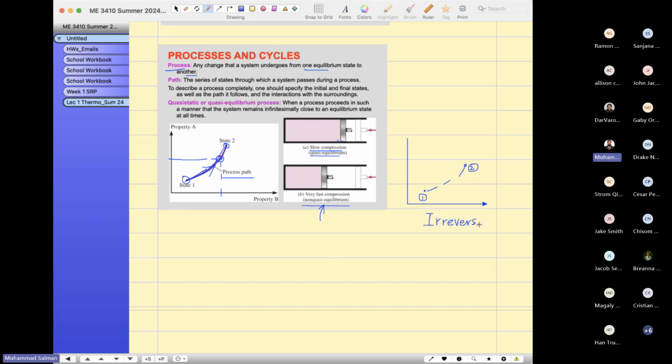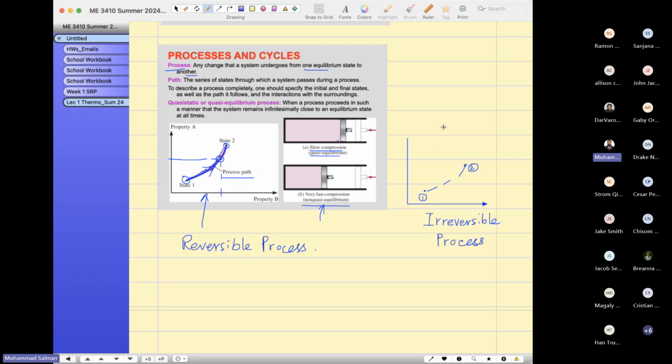You will see this word many times. An irreversible process cannot be traced during its execution, but this is a reversible process. A reversible process can be traced throughout the process, the conduction or execution.